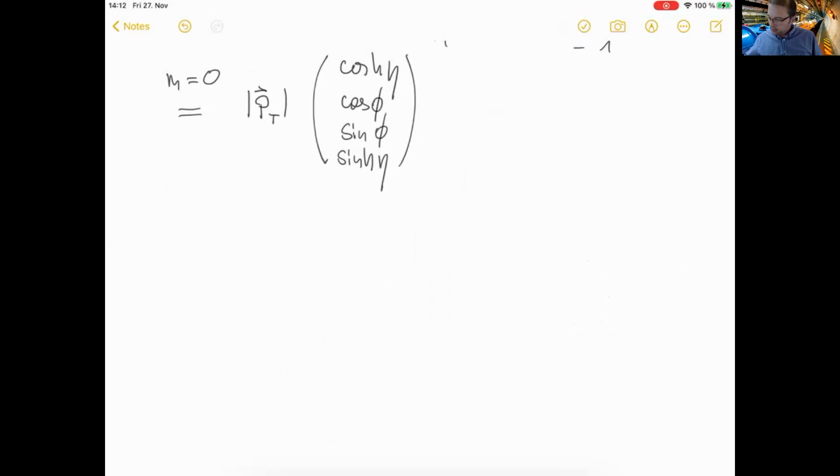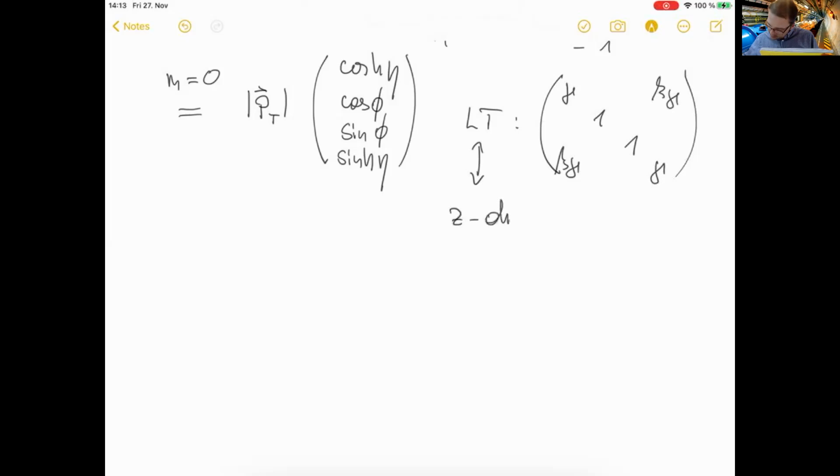Let's now do a Lorentz transformation. The matrix of the Lorentz transformation in these four dimensions is just gamma, beta gamma, beta gamma, gamma, and two ones in the diagonal because we Lorentz transform in the beam direction, which is the z direction. Let's do it.